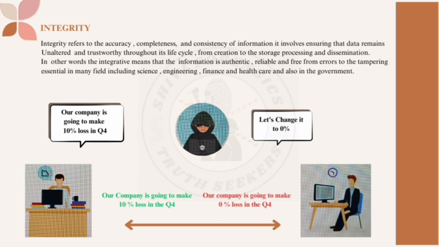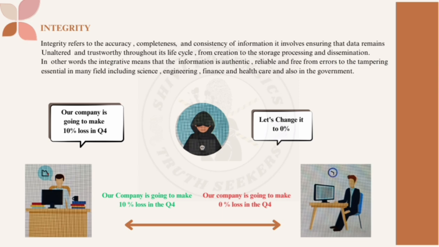Integrity refers to the accuracy, completeness, and consistency of information. It involves ensuring that data remains unaltered and trustworthy throughout its life cycle. In other words, integrity means that the information is authentic, reliable, and free from errors or tampering.